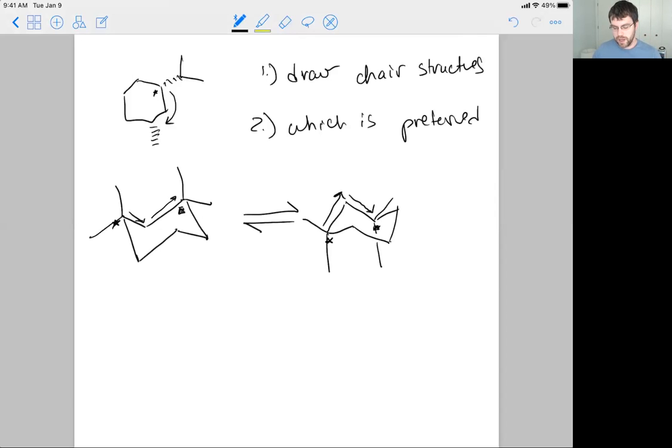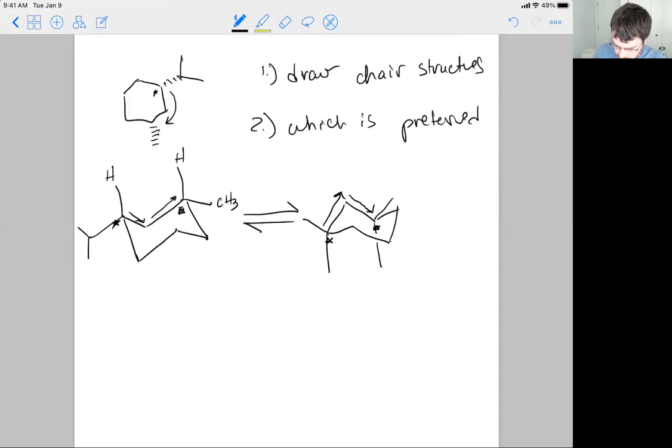But we want to make sure that we correctly attach the isopropyl and the methyl group so that they're both down. So my isopropyl group is going to be down on the star because the hydrogen would go axially, or in the up position. Similarly, on the square, hydrogen goes axially in the up position, and CH3 is then in the equatorial position.